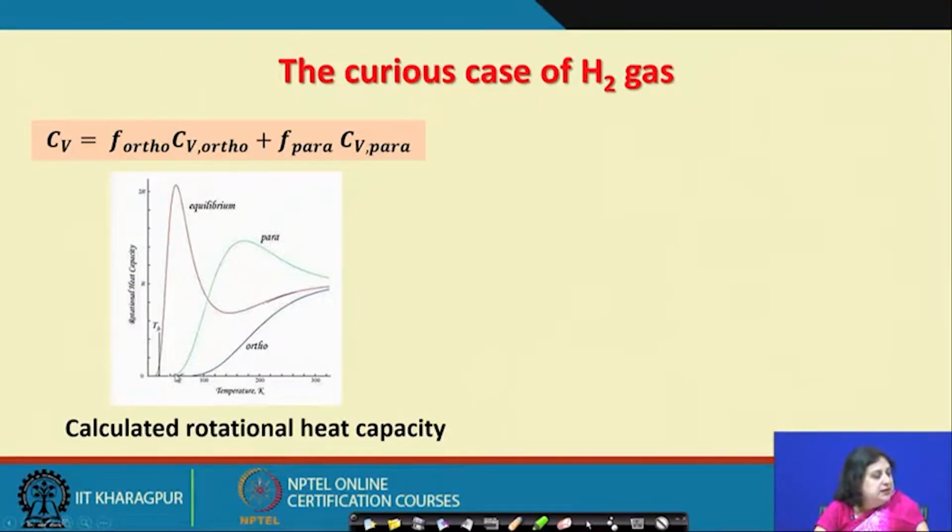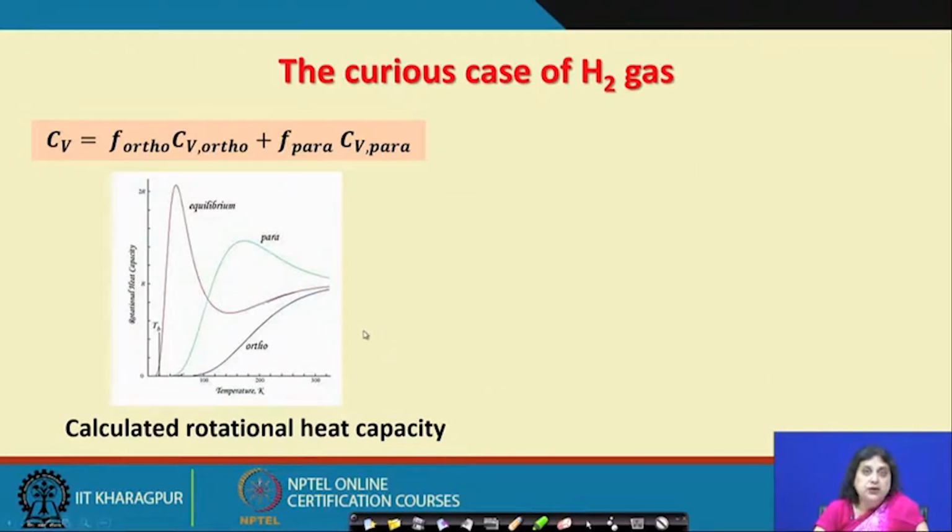So, what you have here at a given low temperature T, we understood that if the mixture is entirely comprised of para hydrogen, this is how the CV will vary with temperature. Had it been entirely comprised of the ortho hydrogen, this is how the specific heat would change with temperature.